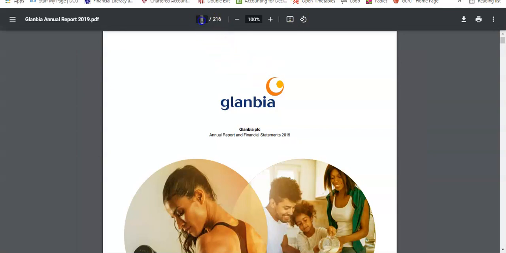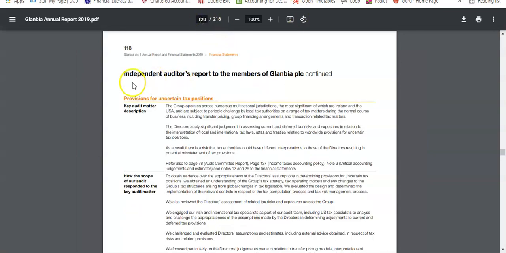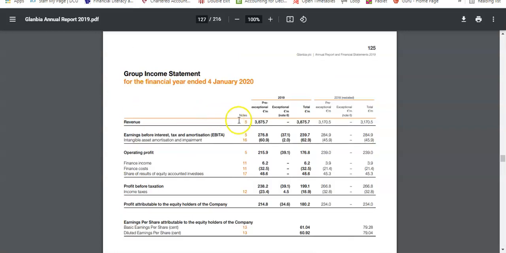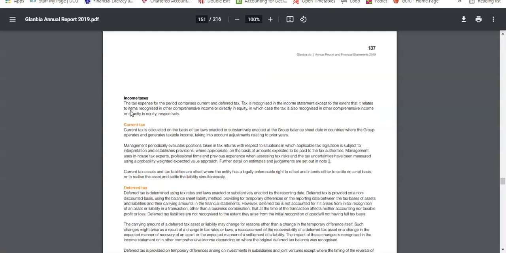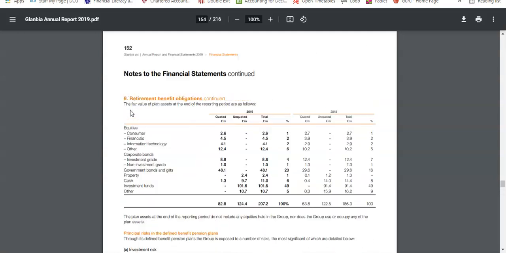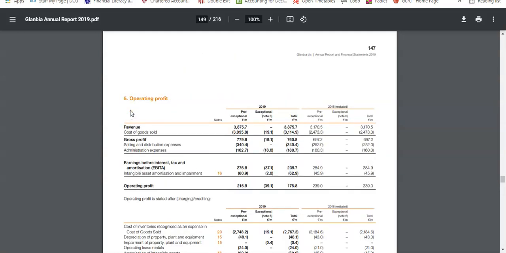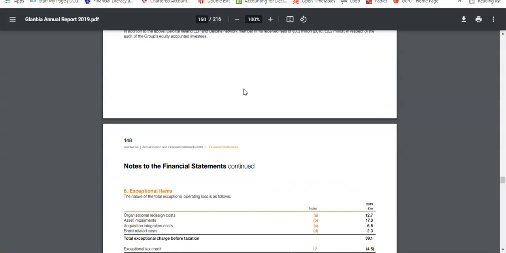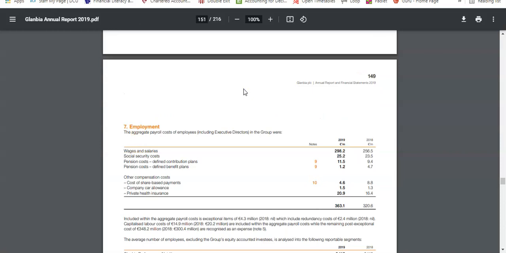Glanbia will do something very similar. Just to show you as an example. Revenue for the year, note 5, they have revenue of 3.8 billion. We'll go to note 5, just briefly. So note 5 there, you have your revenue, and you come down. They don't give a breakout here, I think.